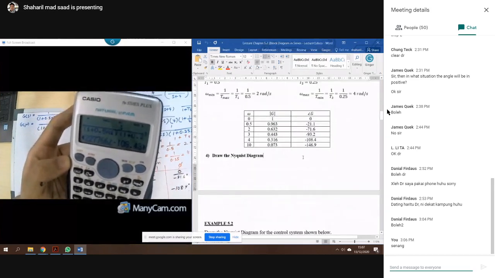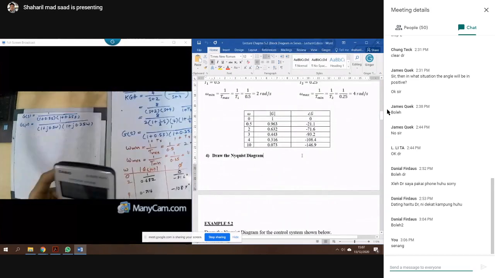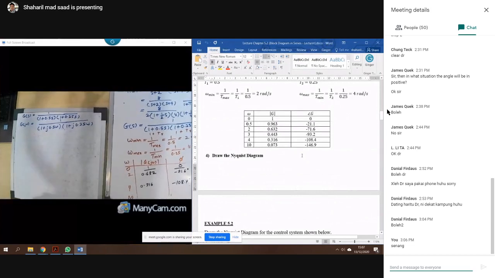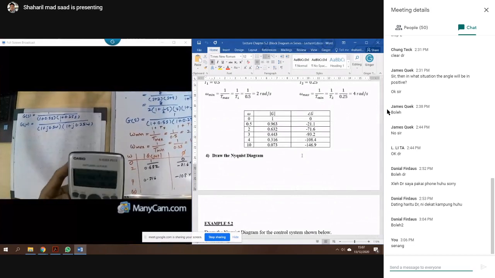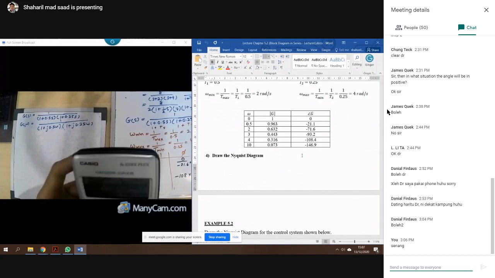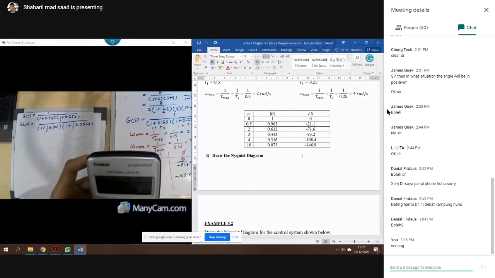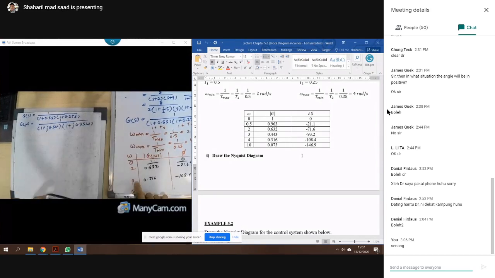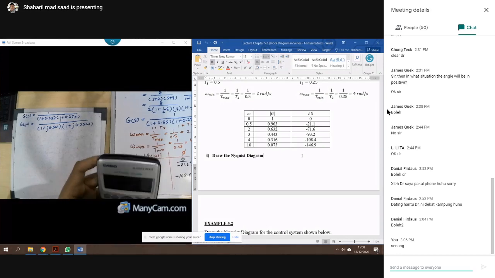Okay. And then of course you cannot try for infinity. So how are you going to put infinity here, right? It is very difficult. So let's say we just choose any last value, for example 4, because this 4 is the omega max, the maximum frequency. You can put more than 4, for example I put 10.